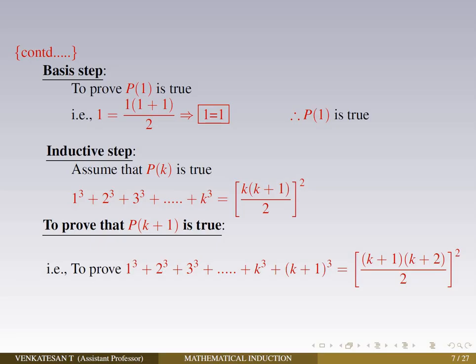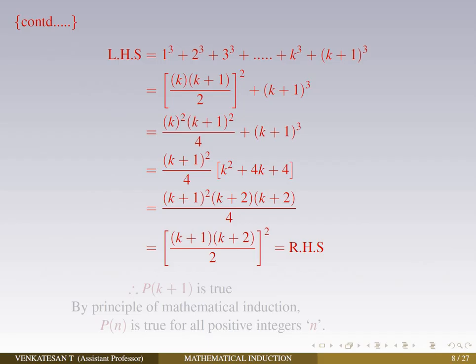Now consider the left hand side. I want to prove my right hand side now. My left hand side is 1 cube plus 2 cube plus 3 cube plus etc. up to k cube plus k plus 1 whole cube. By using inductive hypothesis, I know that first k terms will be replaced as k into k plus 1 divided by 2 whole square, and the last term k plus 1 whole cube remains same.